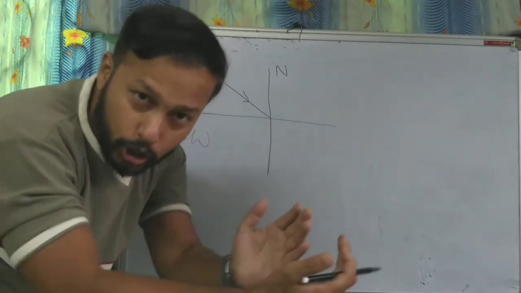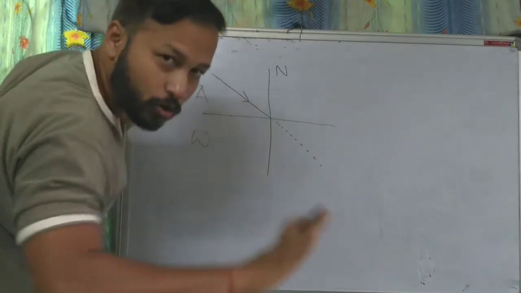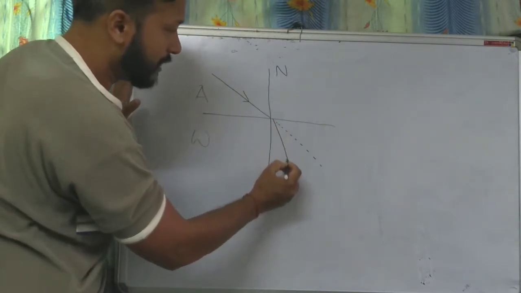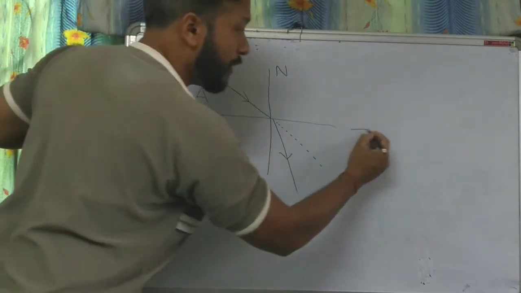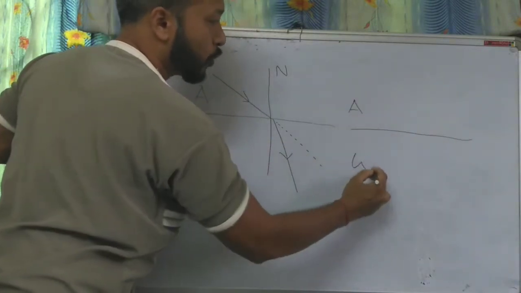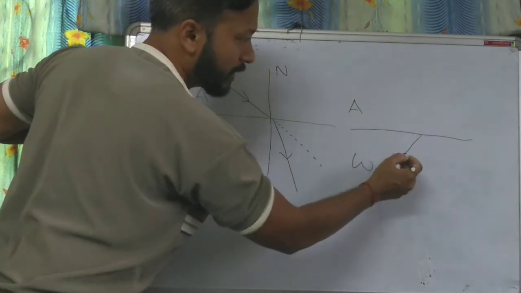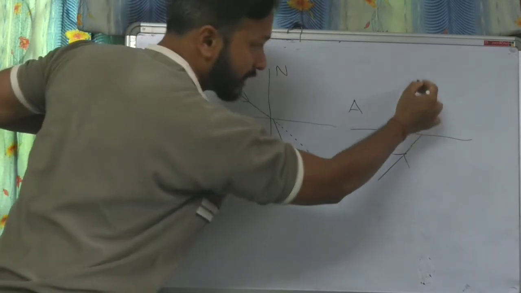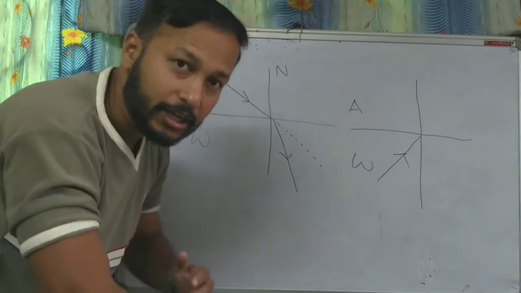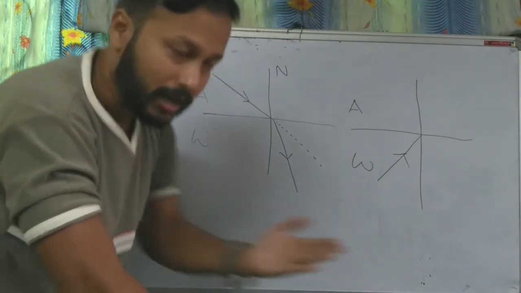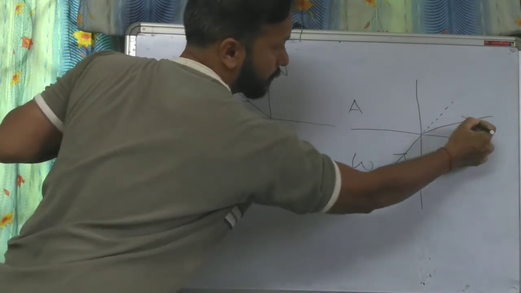Actually, it is supposed to go this way, but it bends this way. But when a ray of light goes from water to air, and this is my normal, it will go away from the normal. Actually, it was supposed to go this way, but it will go this way.